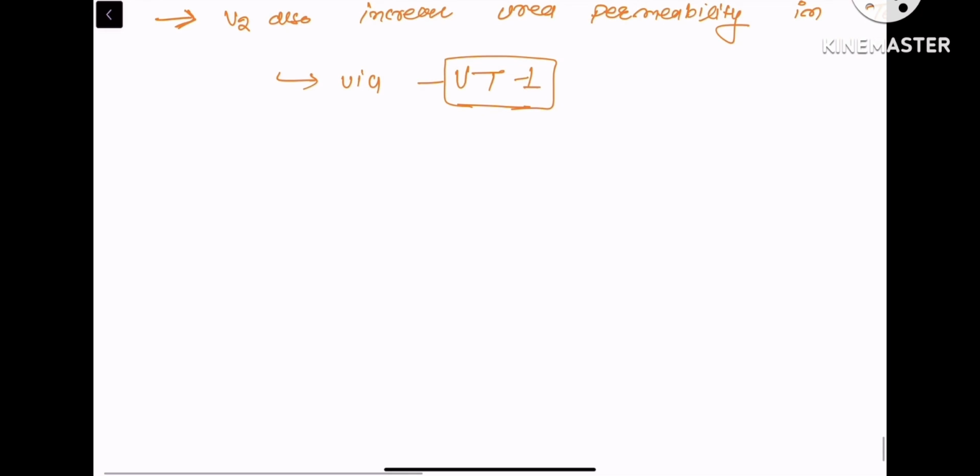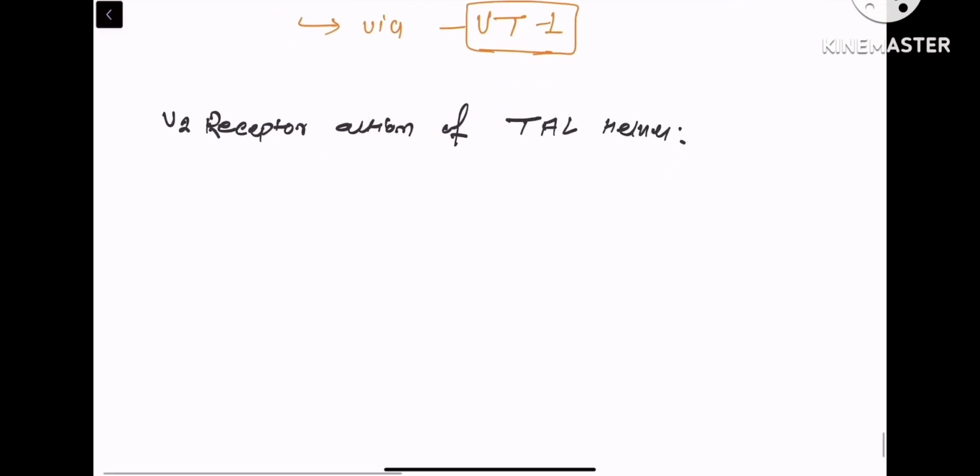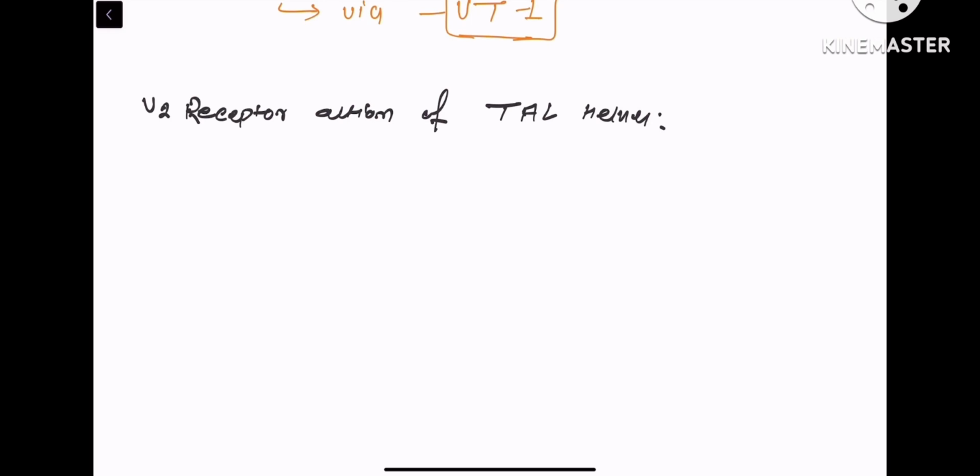Now the action of the V2 receptor on the thick ascending limb of Henle. This acts by activation of the sodium potassium chloride cotransporter and increasing the permeability of these ion channels. So basically they reabsorb these electrolytes and increase the osmolarity of the interstitium.